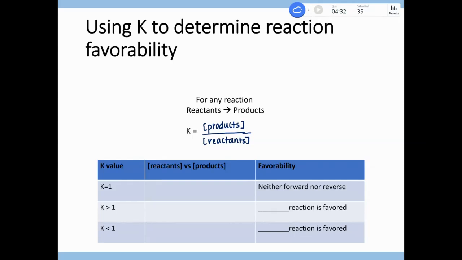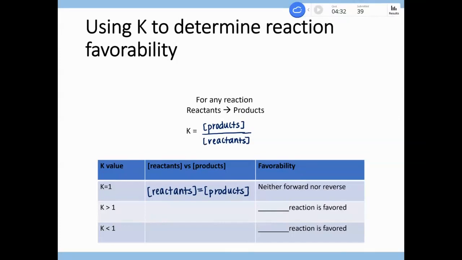That means the numerator equals the denominator, so the fraction is equal to 1. So K is equal to 1. If K is equal to 1, then neither the forward nor the reverse reaction is favored. They're equally favored. So the concentration of reactants equals the concentration of products. That can be the case for certain reactions.